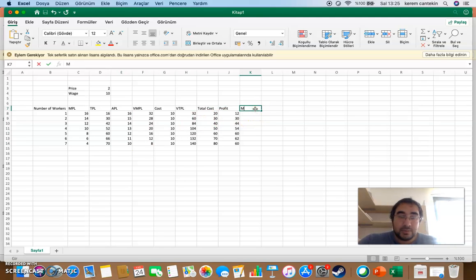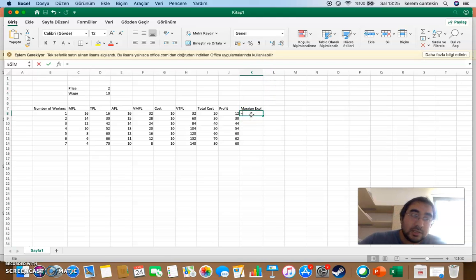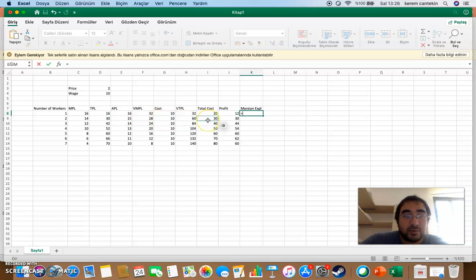So the Marxian exploitation rate, the exploitation amount, is the difference between the value of the average product of labor and the wage.